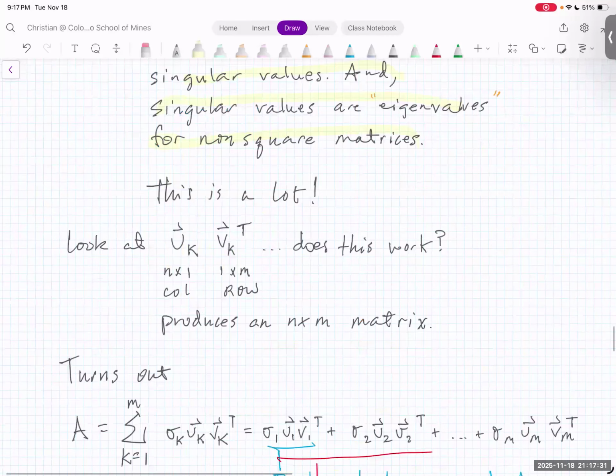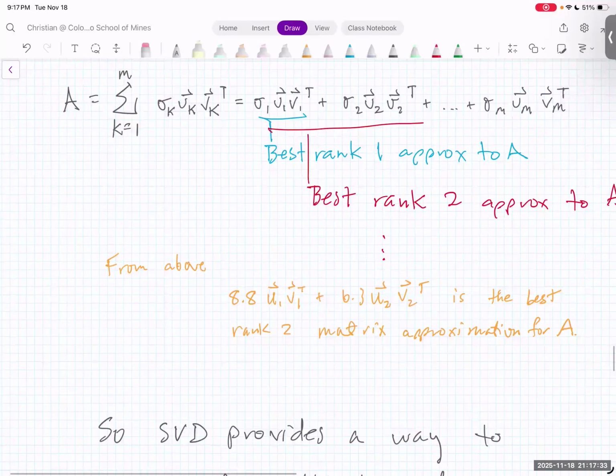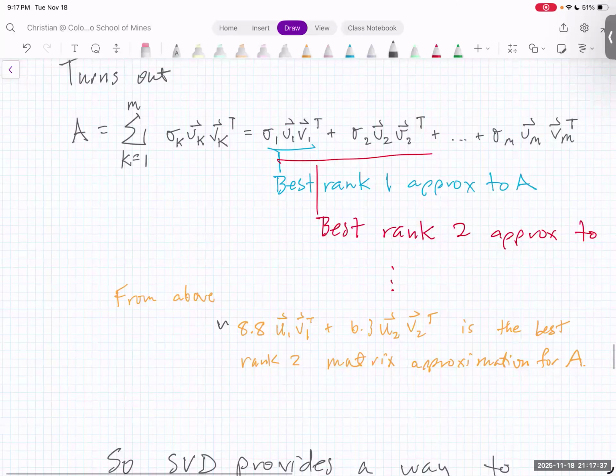That's what we're doing here. So this is about the same as matrix A, and it's the best estimate we can get of a rank 2 matrix using what we know about matrix A.